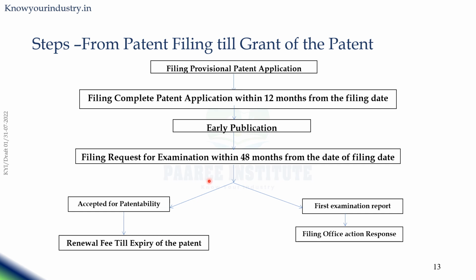If they accept your invention, then they grant a patent. If they have some objections related to patentability criteria, then they will issue first examination report. After receiving first examination report, you can file your reply to the patent office. If your invention has been accepted for patentability, then we need to pay renewal fee till expiry of the patent.